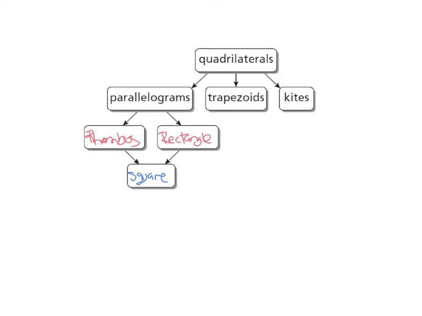Now, the only addition that I would add to this is the trapezoid, but we actually have something a little bit more special than just a trapezoid, and that is the isosceles trapezoid. And we'll get into these other two types later. Right now, our focus is in the parallelogram world with the rhombus, the rectangle, and the square.